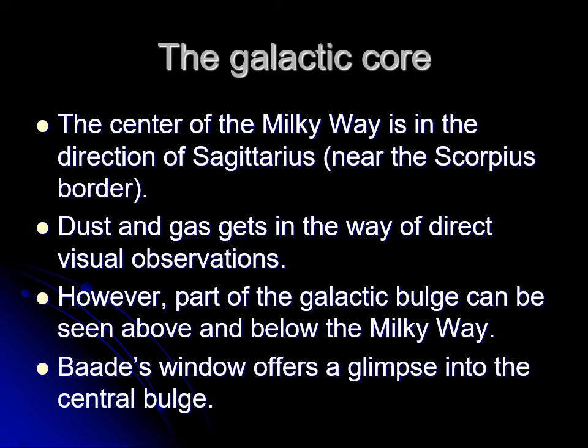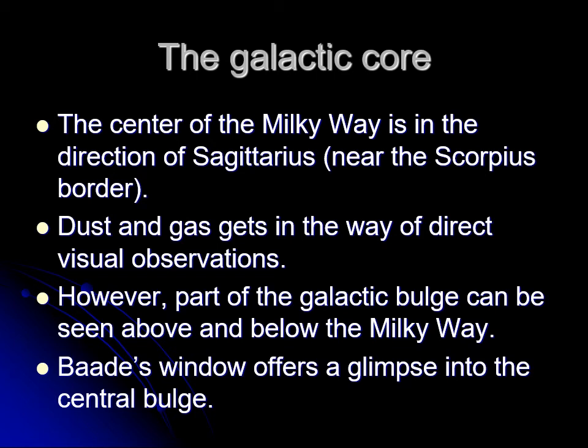We know that we can't see it directly because of the interstellar medium that's in the way, but the interstellar medium, the dust and the gas and the nebulae and all this sort of stuff, just interestingly enough, is all randomly distributed. And so Walter Baade realized that you can actually look through some of the nebula and so forth, and just by pure chance, there's a relatively clear path that sees into the core.